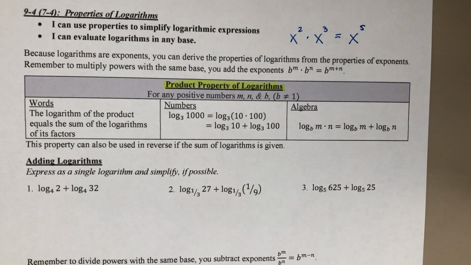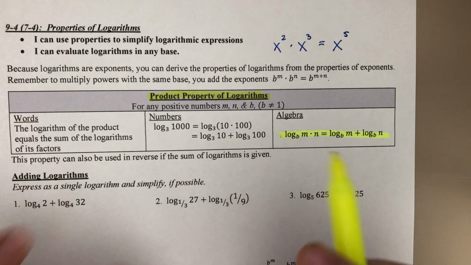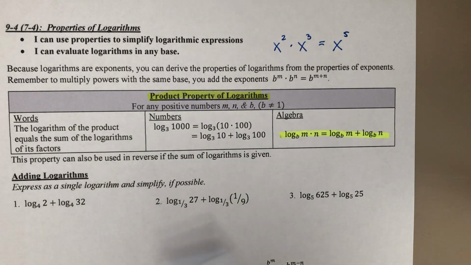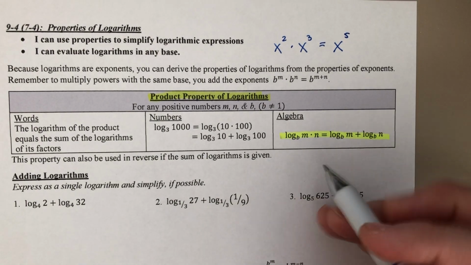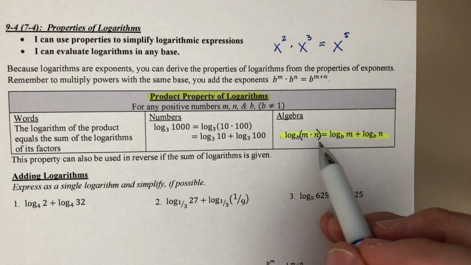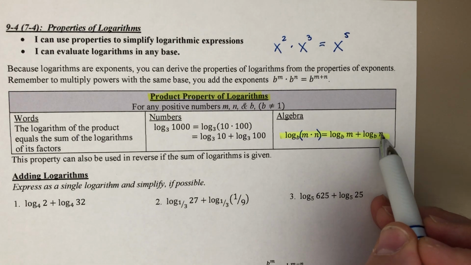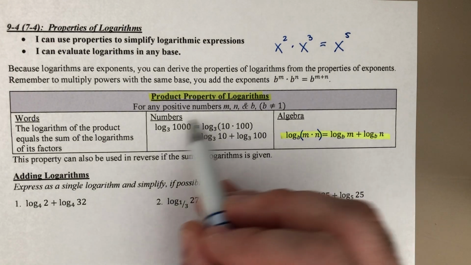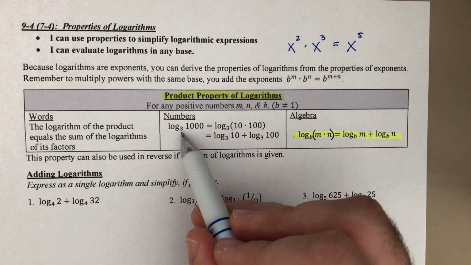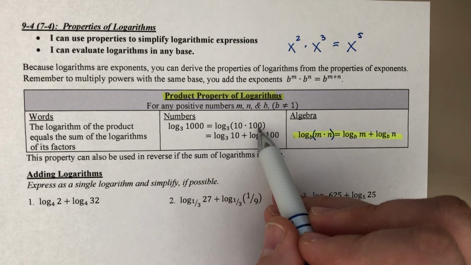Here's the formula: log base b of m times n, in parentheses like they're both part of this logarithm, is equal to log base b of m plus log base b of n. In an example, log base 3 of 1,000, break up 1,000 into things that multiply to it, like 10 and 100.